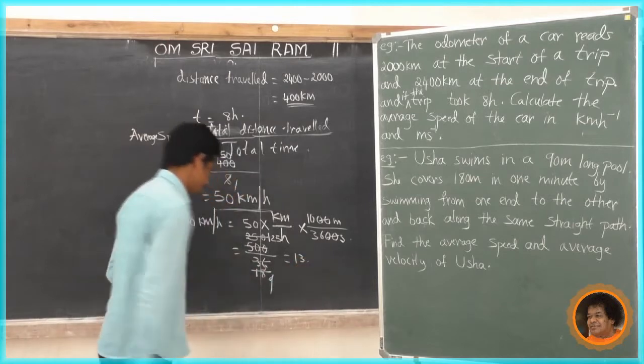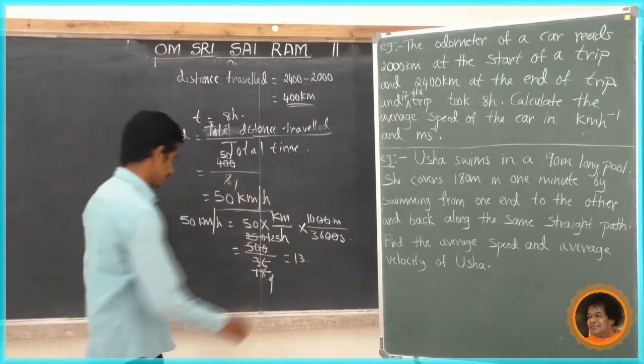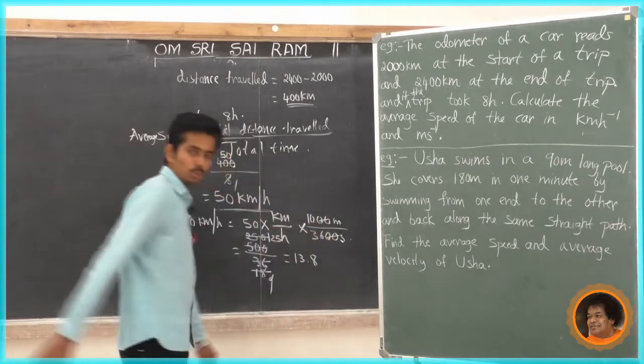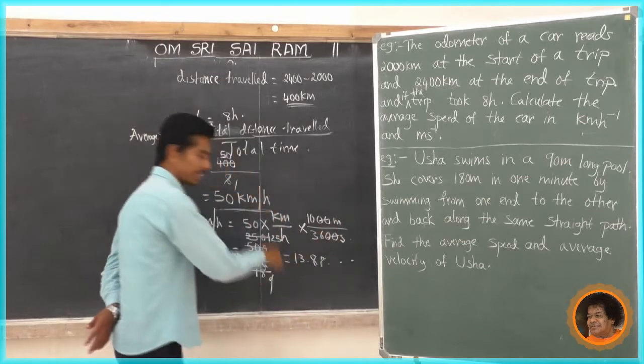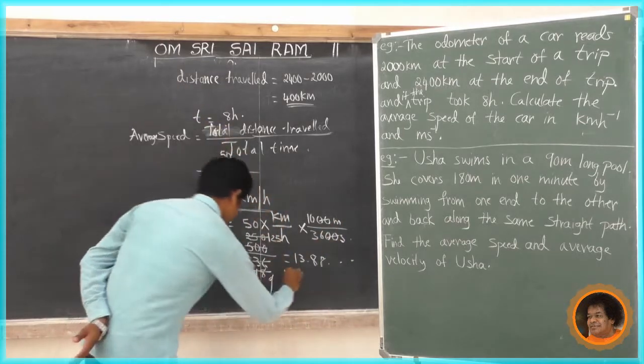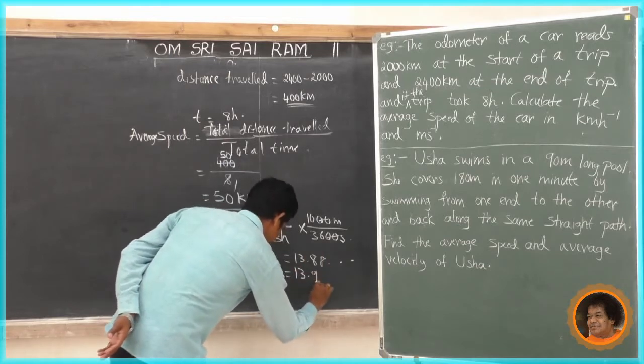So put a point, because 8 is not divisible by 9, it becomes 80. 9 eights are 72, 8 is left, once again it is 80, and it continues: 13.8888. So we can write it as 13 point, rounding off the value we get 13.9 meter per second.